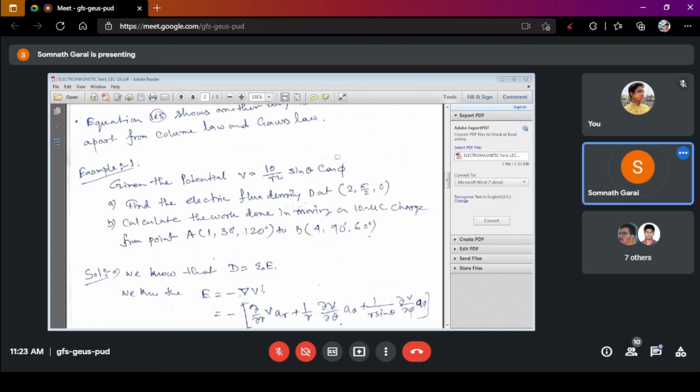Remember it, a very important lesson. That is the important relation of electric potential and electric field intensity. Clear?